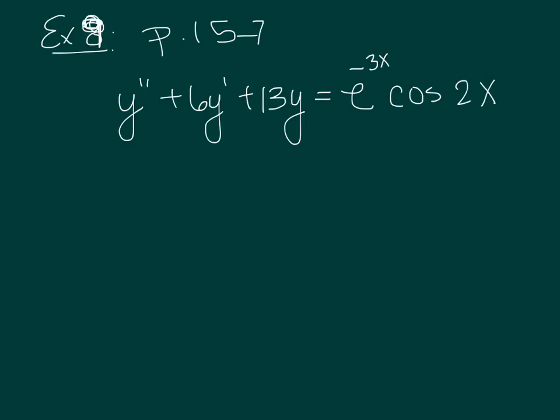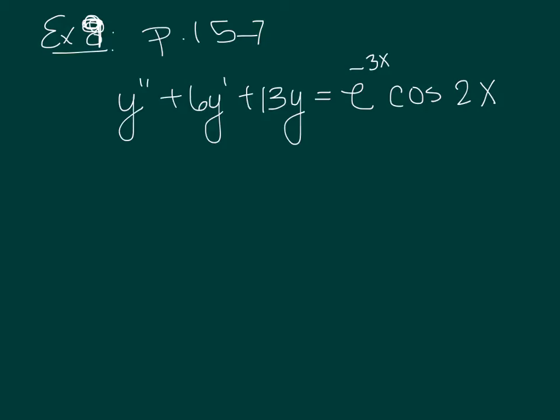Here the directions say to determine the appropriate form of a particular solution. Notice in the last few examples, and on your exam, I'm going to ask you to find the general solution to the non-homogeneous equation, which is basically the general solution of the homogeneous equation plus the particular solution.